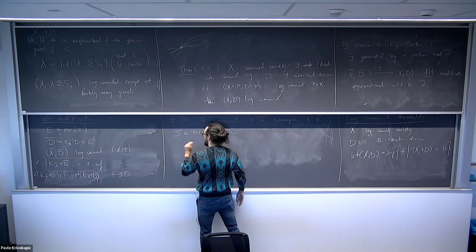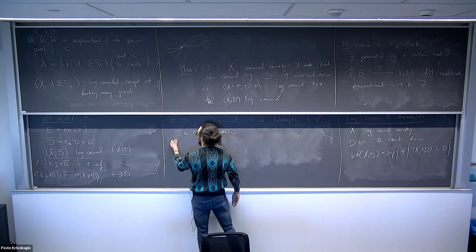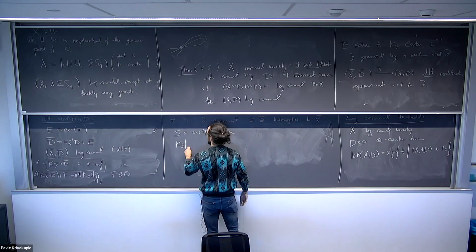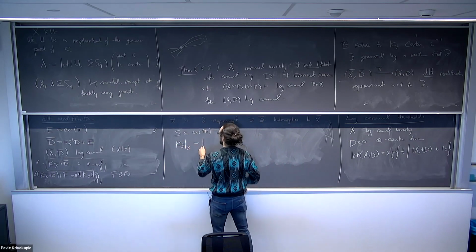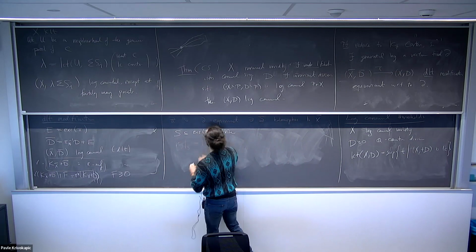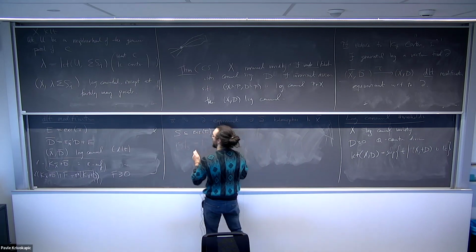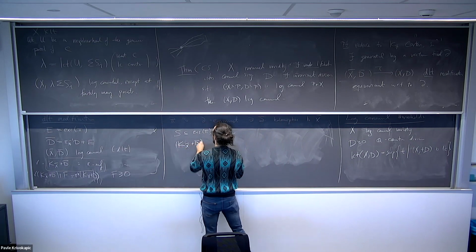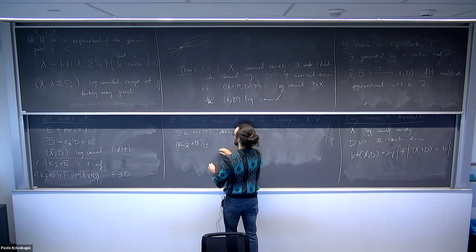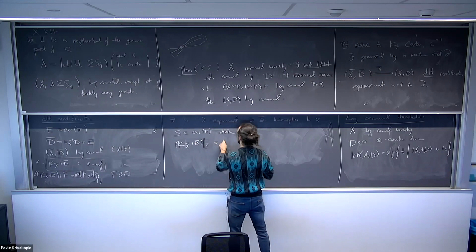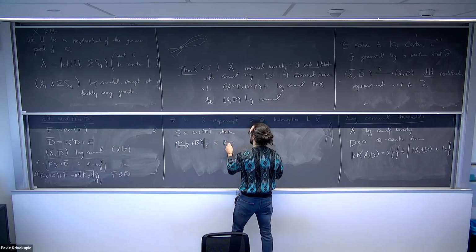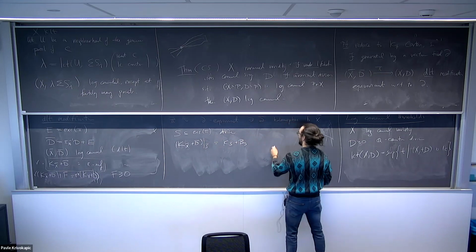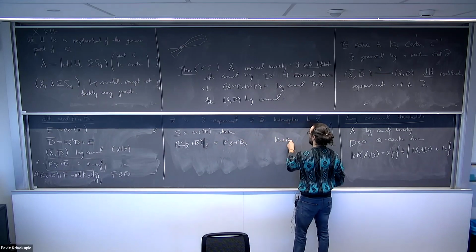What you can check is that by adjunction, we can write K_F restricted to S as, well, here's what I want to claim. If we write K_X bar plus D bar restricted to S as K_S plus B_S, then K_S plus B_S is not big.